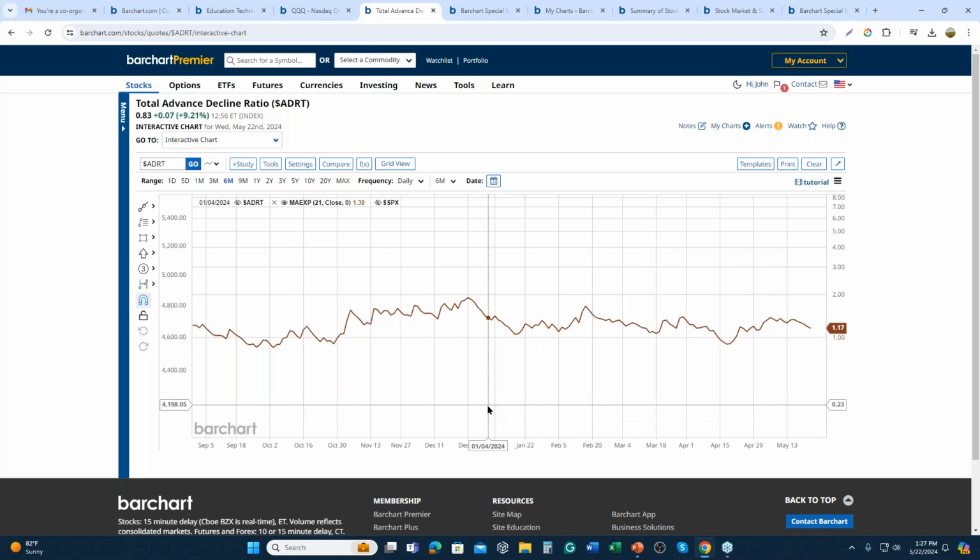And so what do we see here? How can I read this, or what is this telling me? Well, what I see here is that the 21-day moving average of advance to decline since October of last year has been above the value 1, except for one moment. Now, 1 would be equal advances versus declines. So above 1 would represent more advancing stocks than declining stocks.